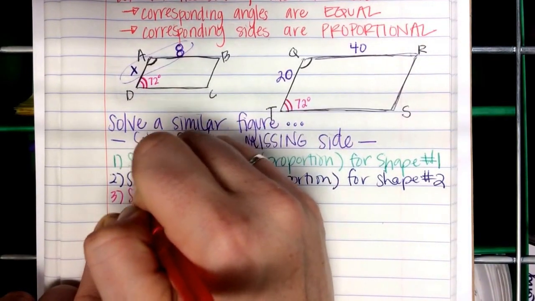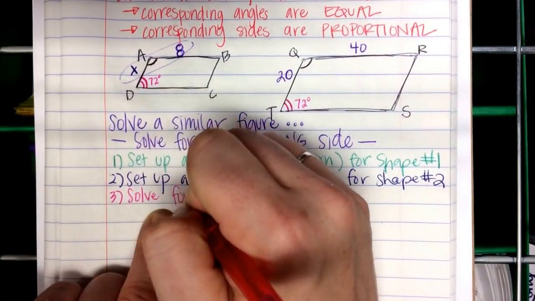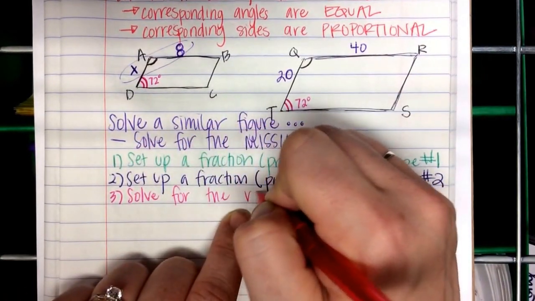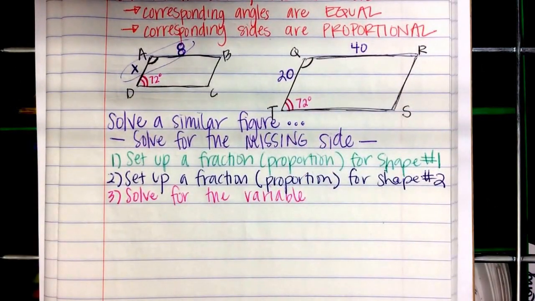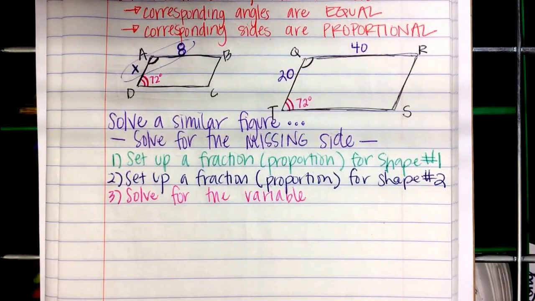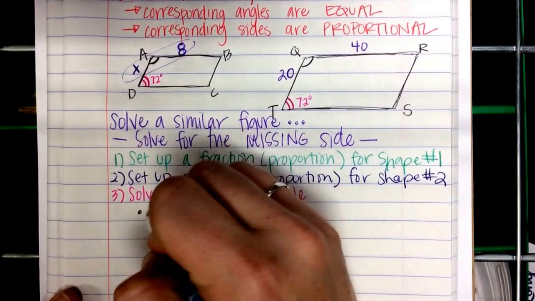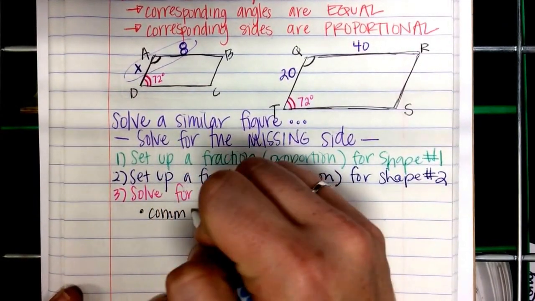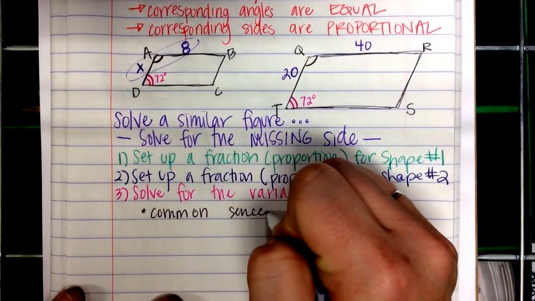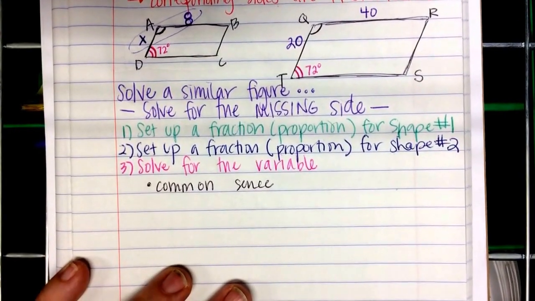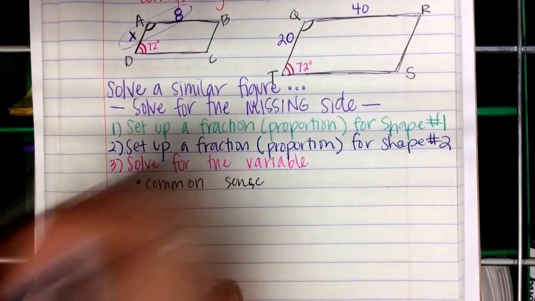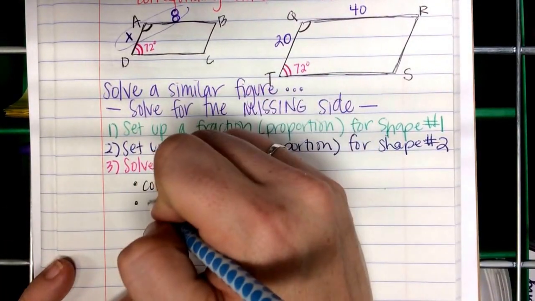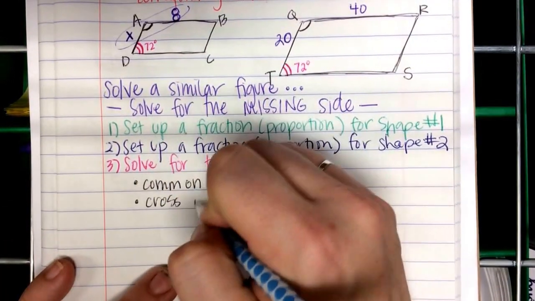And 3, I'm going to solve for the variable. And there are 2 ways you can solve for the variable. You can use common sense, or you can do cross products.